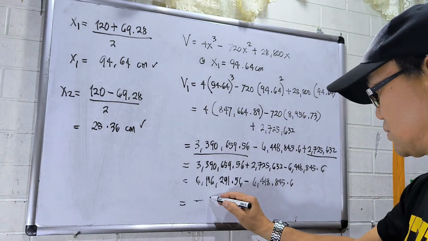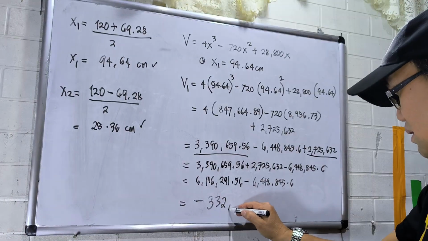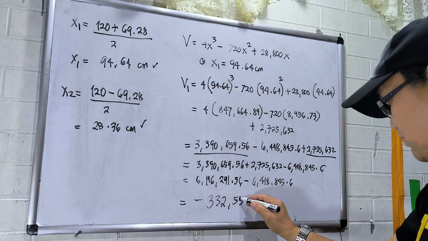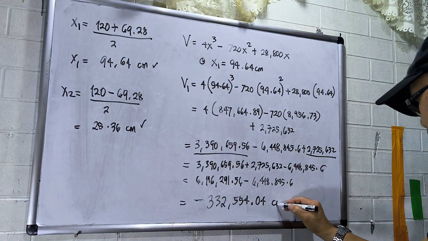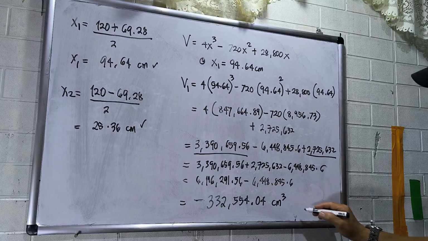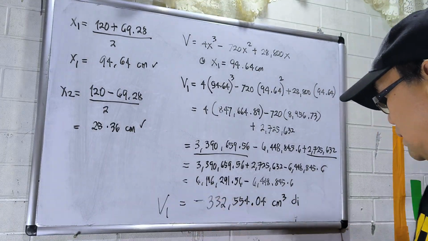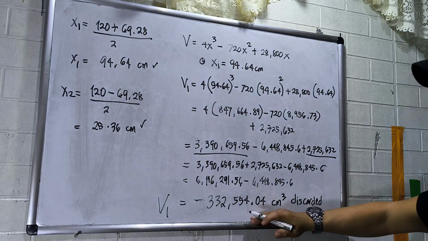Okay, take note, there's no negative in terms of volume. That is 332,554.04 cubic centimeters. So this will be discarded, right? Because negative. There is no negative volume. We will not use this answer.